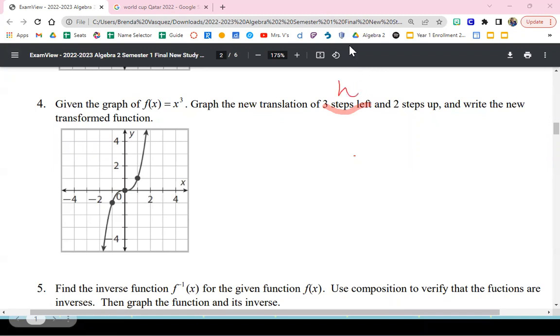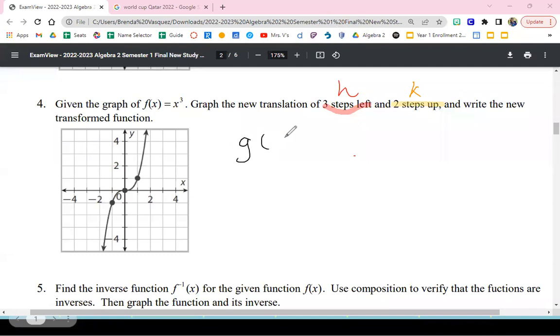Now, the next transformation is what? 2 units up. Which parameter moves up or down? K. So which parameters do we only have here present? H and K. All right. So we know that we have G of X. Let me write it in black so you guys can see it.